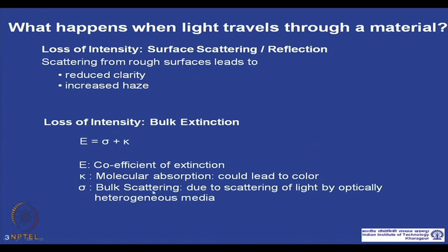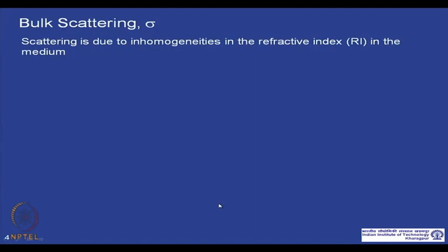Now, let us discuss a little bit about bulk scattering, which happens very frequently in a polymer material. Scattering happens due to inhomogeneities in the refractive index in the medium. So, if there are inhomogeneities present in the polymeric material, there will be bulk scattering.